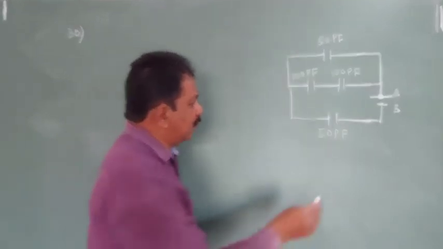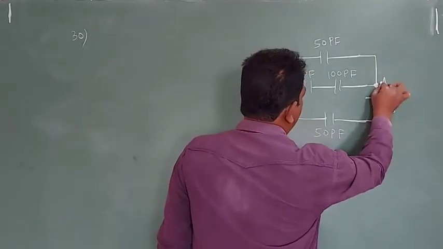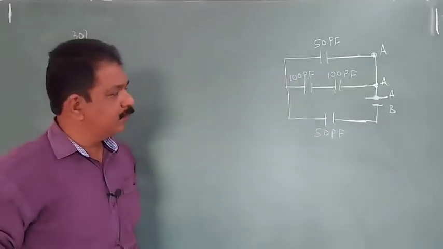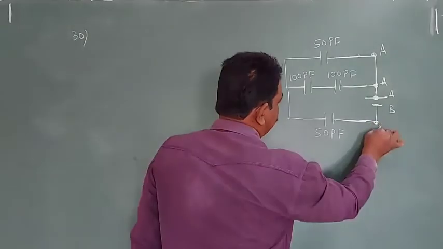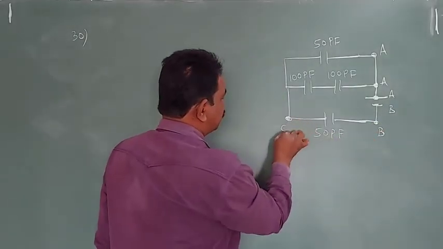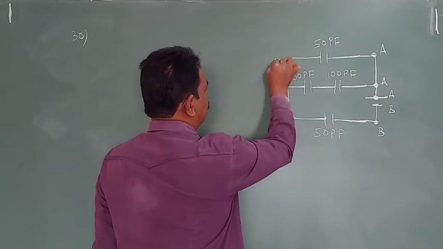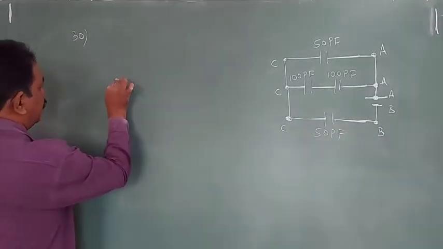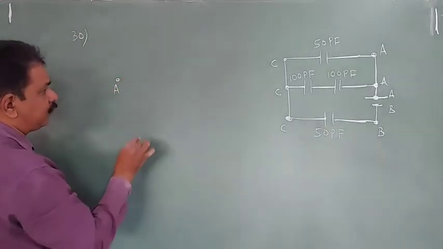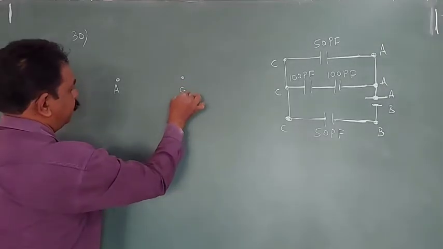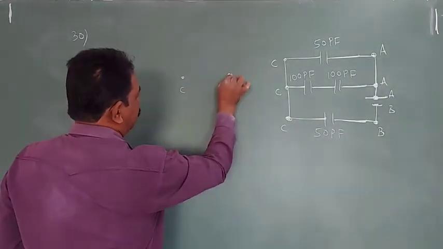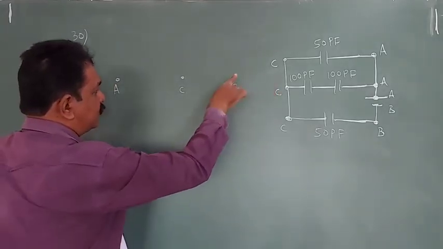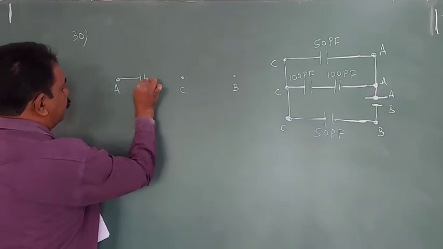So here A, here also A, here also A. Here this will be B. I am considering this is some point C, C, C. All are C's only because it is just wire. If you redraw the diagram, here A, here C, here it will be B. A to C, 50 picofarad.